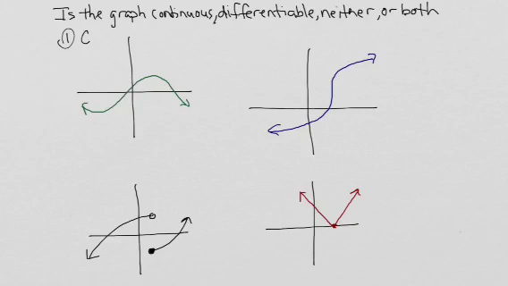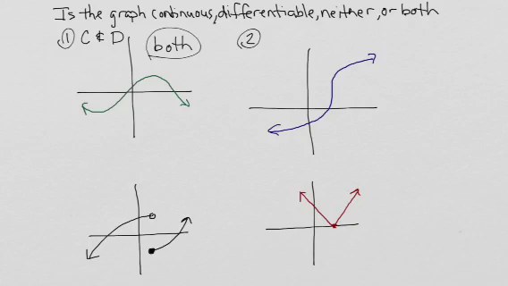Then the other thing we'd be looking for is a place where the tangent line would be vertical. That's kind of hard to think about, and we'll see one in a minute, but this one does not have it. So that means it is continuous and differentiable. My answer would be both.